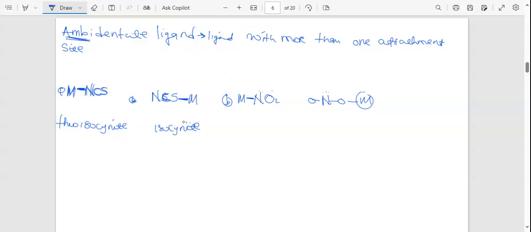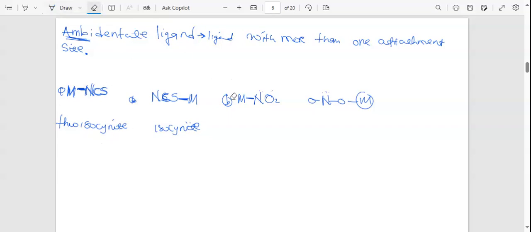There's no harm, you write cyanito just like that. There's no harm so long as it's not the end name. So that's about ambident ligands, with more than one attachment site. So that is it about ambident ligands, and hope that is clear.